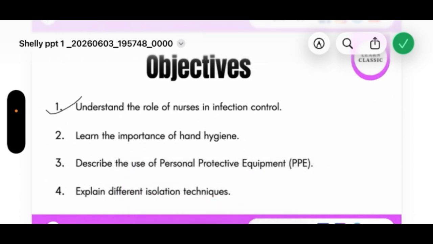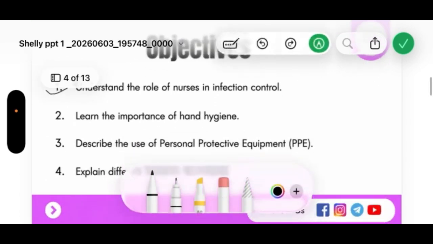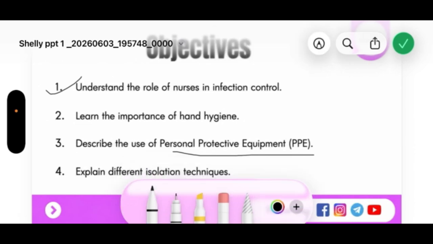Then describe the use of personal protective equipment, that is PPE. I think after COVID-19, after the pandemic, we are very much used to the term personal protective equipment, or PPE. The use of PPE has to be done properly to prevent infection.